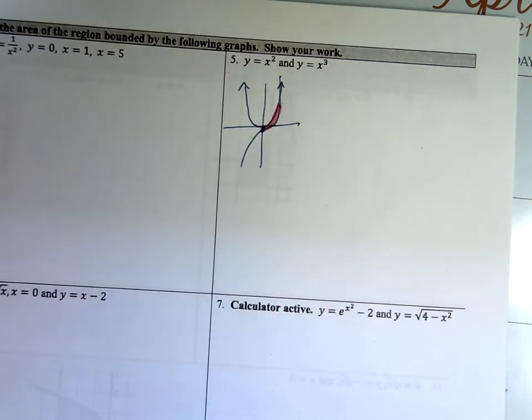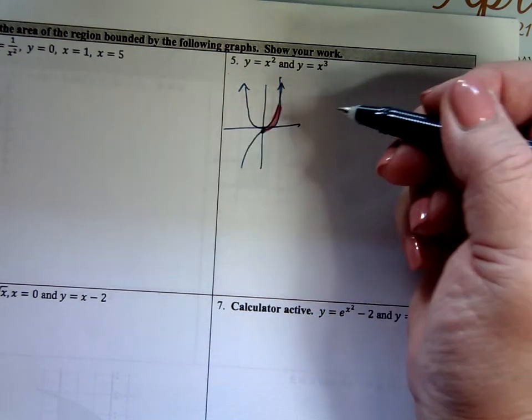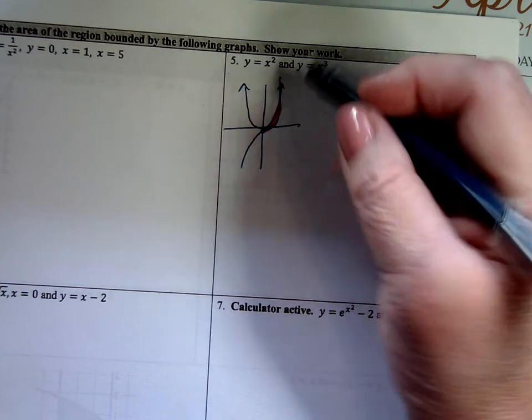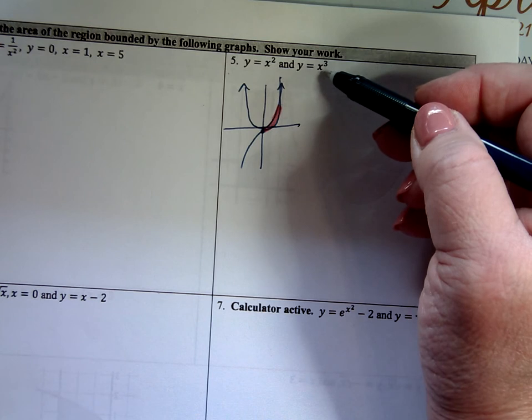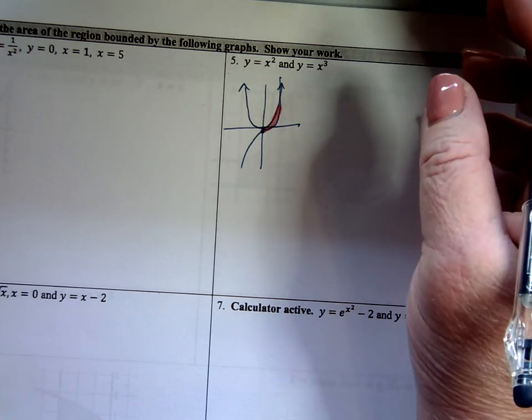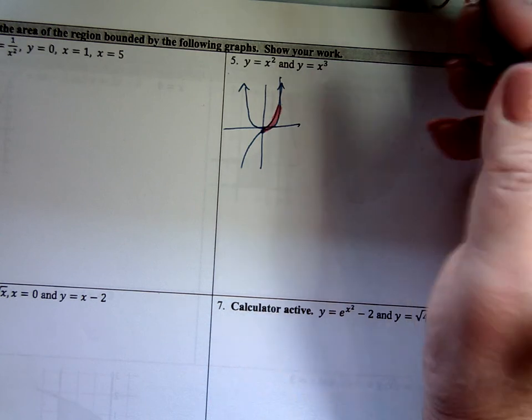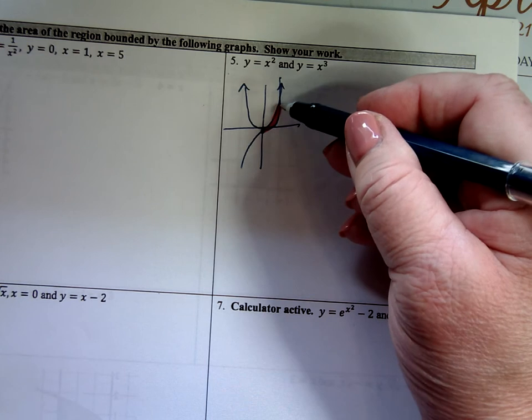Now, you could also take points and see. If you put in a 2, you'd have 4 for this, and you'd have 8 for that. That's probably not true because it's not in the window of what you're looking at. You're only looking at values between 0 and actually 1.